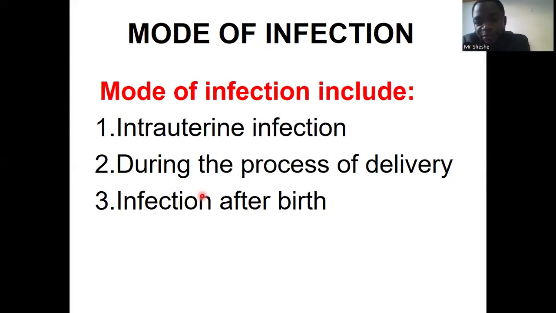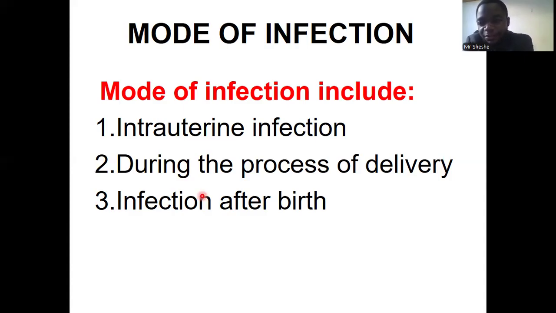Then infection after labor, as I was explaining, can come from the mother with poor hygiene, or from the health worker, again with poor hand washing and poor aseptic techniques. When the baby is born, quickly wipe their face and eyes, and then treat them with a tetracycline eye ointment. I don't know the protocol now.